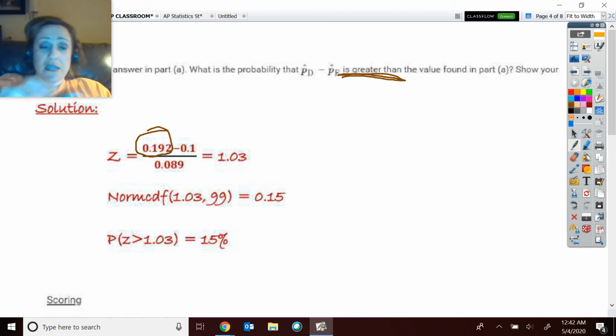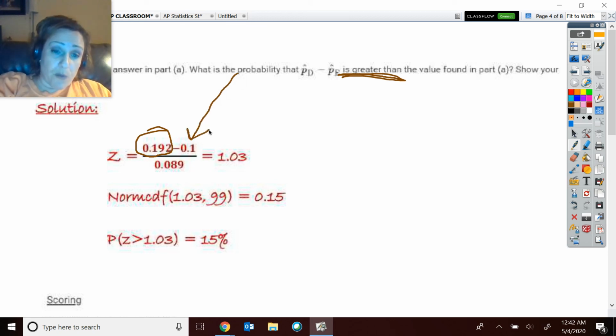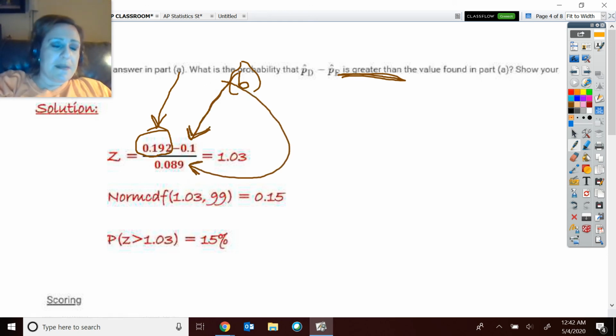So that just meant this was used from part A. This is part A right here, okay? And then, of course, this we found in part B, that population mean here, and that sampling distribution mean and standard deviation, okay?